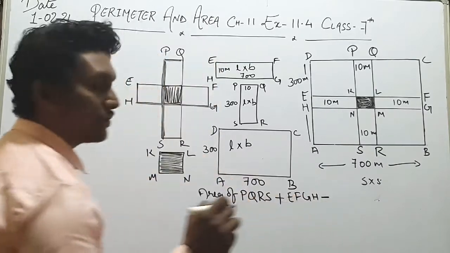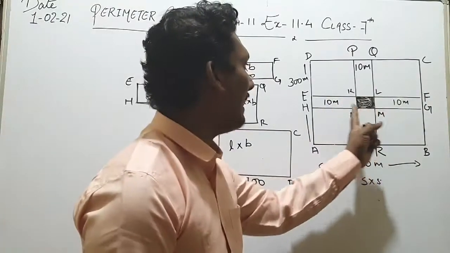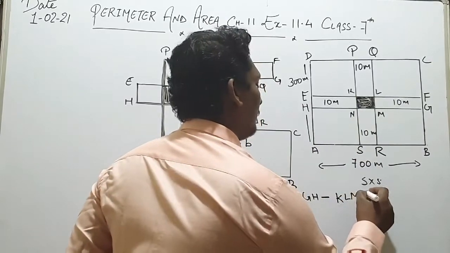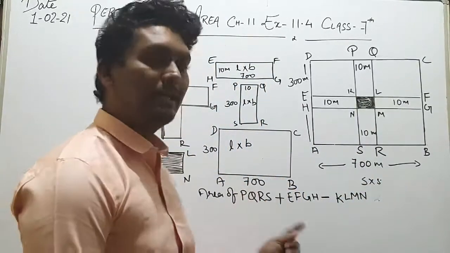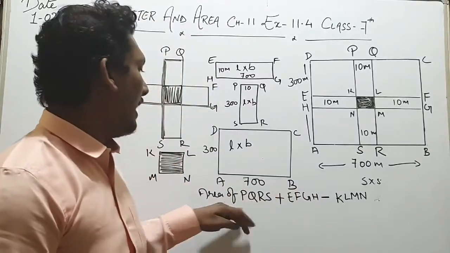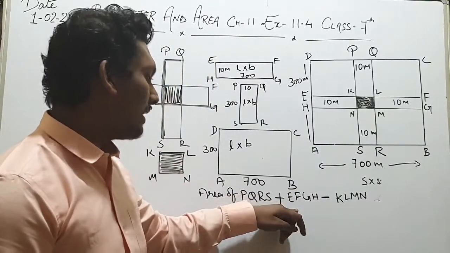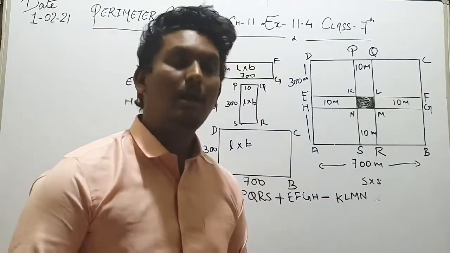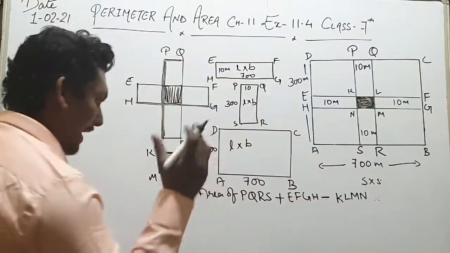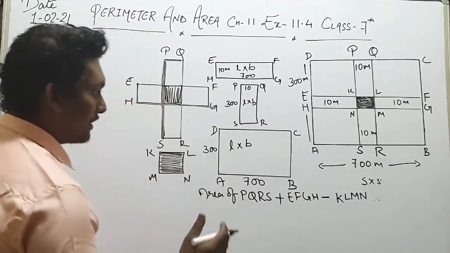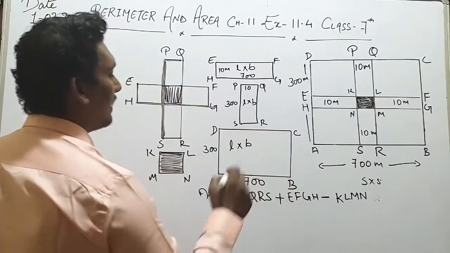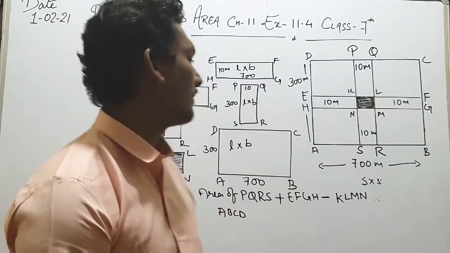Then you have to subtract this portion, KLMN, the area of the square. So after adding the areas of PQRS and EFGH and subtracting the area of the square, the answer which you get, you have to subtract from the bigger rectangle, ABCD, okay.